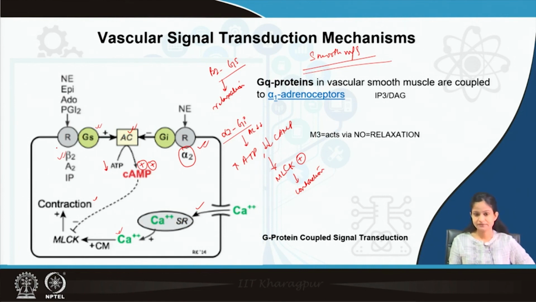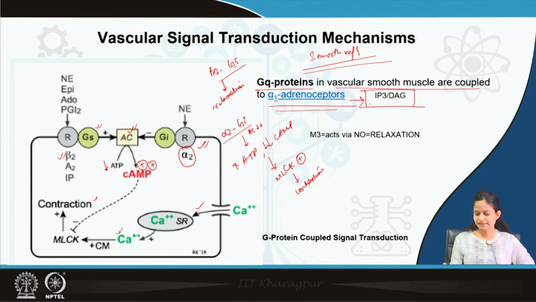The next is the alpha 1 adrenoreceptors. The GQ proteins present in the vascular smooth muscles are coupled with alpha 1 adrenoreceptors, and the specialty of the GQ proteins is they act through the second messengers inositol phosphate and diacyl glycerol.